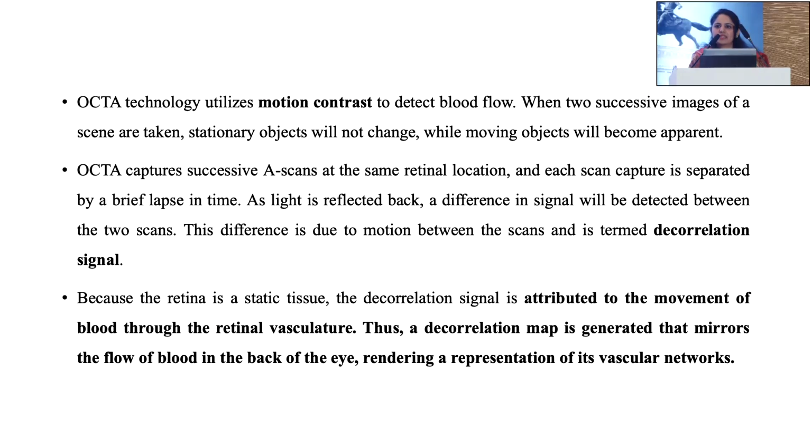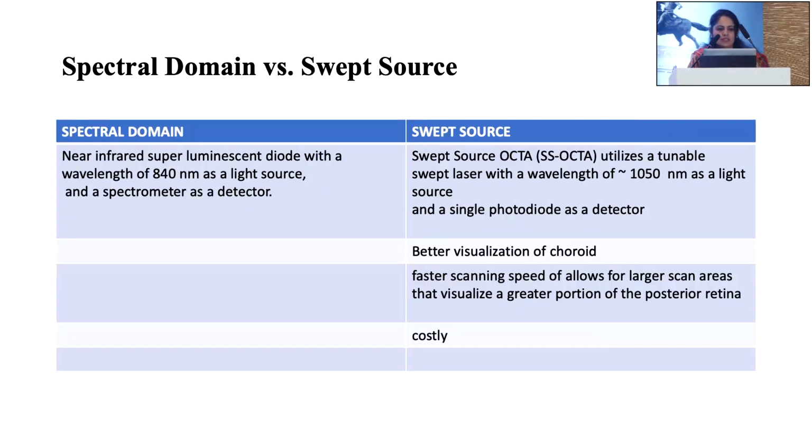The retina per se is a static tissue, but what is moving is the red blood cells in the retinal vessels. If we take multiple A scans at a single point, the static things will not change, but what will become apparent is the things that are moving, the red blood cells. So a decorrelation signal is made, and this leads to a decorrelation map, which we see as an Octa map.